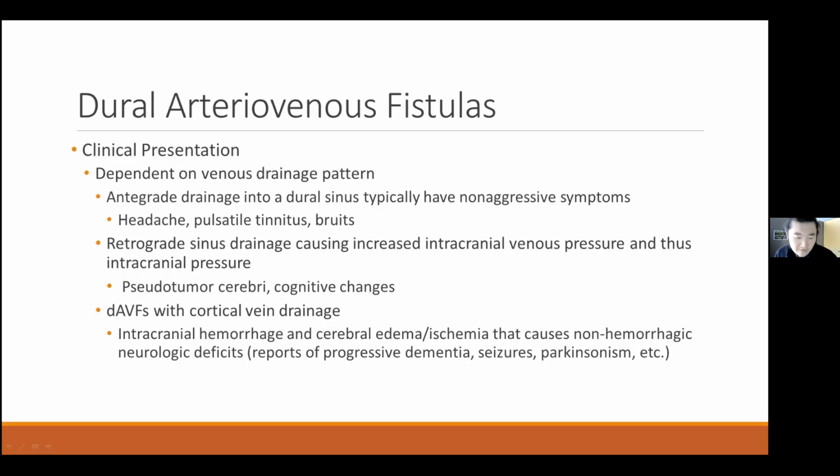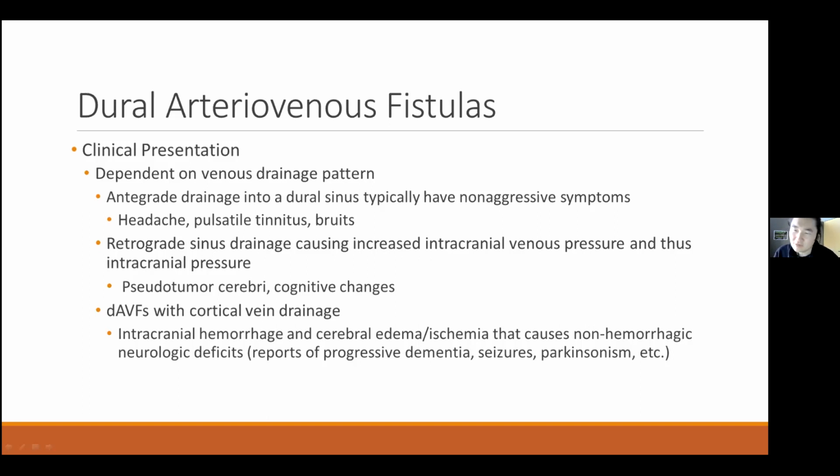So in terms of clinical presentation, symptoms depend on a couple of things: one, the fistula's pattern of venous drainage, and two, their location. We'll start with venous drainage pattern. Those with antegrade, essentially forward flow drainage into these larger caliber venous sinuses, the symptoms are generally pretty mild, and it could range from being asymptomatic to maybe some headaches or some pulsatile tinnitus, depending on where it's draining.